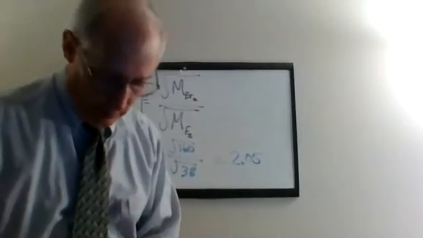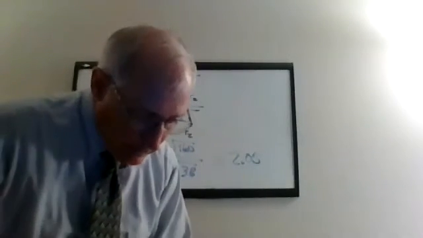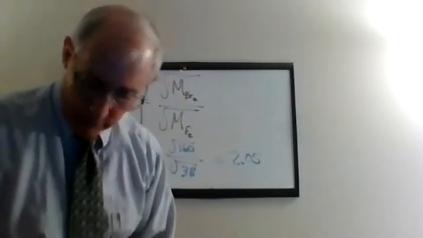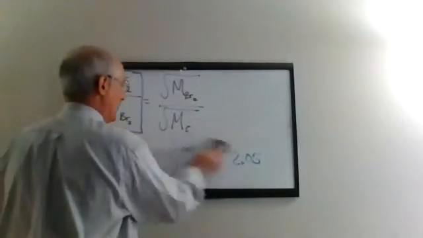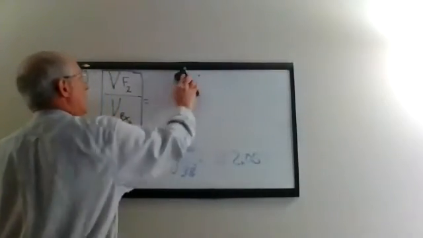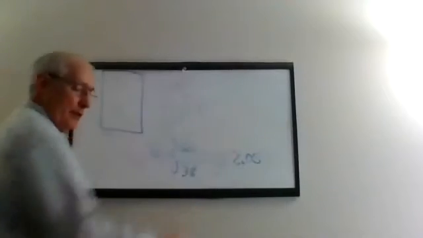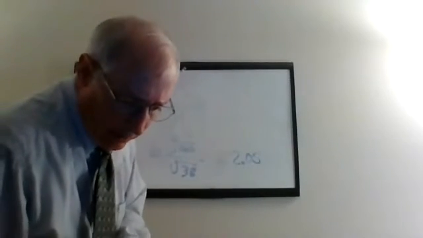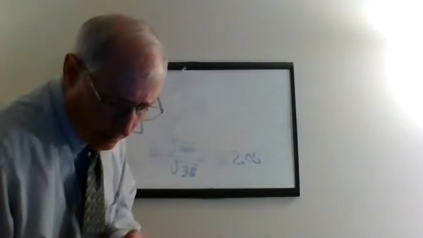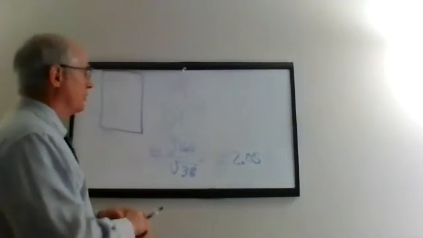Okay, let's move on. Number 40. Oh, we got a rust problem here. We got rust, and we're going to combine iron with oxygen to produce rust.